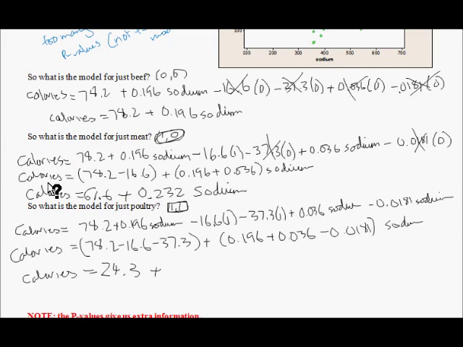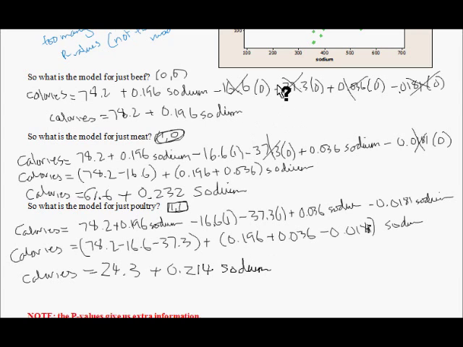I think that's off a bit. 0.196 plus 0.036, and then minus 0.0181. So if I round it to 3 decimal places, 0.213904, if I ignore that 1 there and just round it. Sodium.